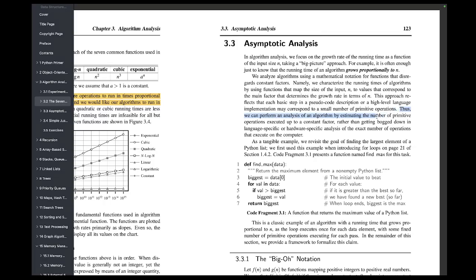Thus, we can perform an analysis of an algorithm by estimating the number of primitive operations executed up to a constant factor, rather than getting bogged down in the language or hardware-specific details.